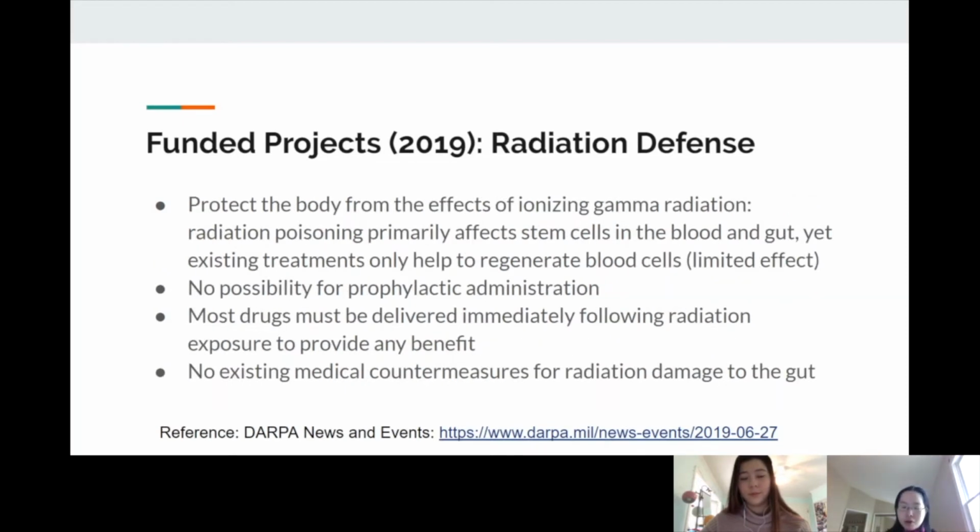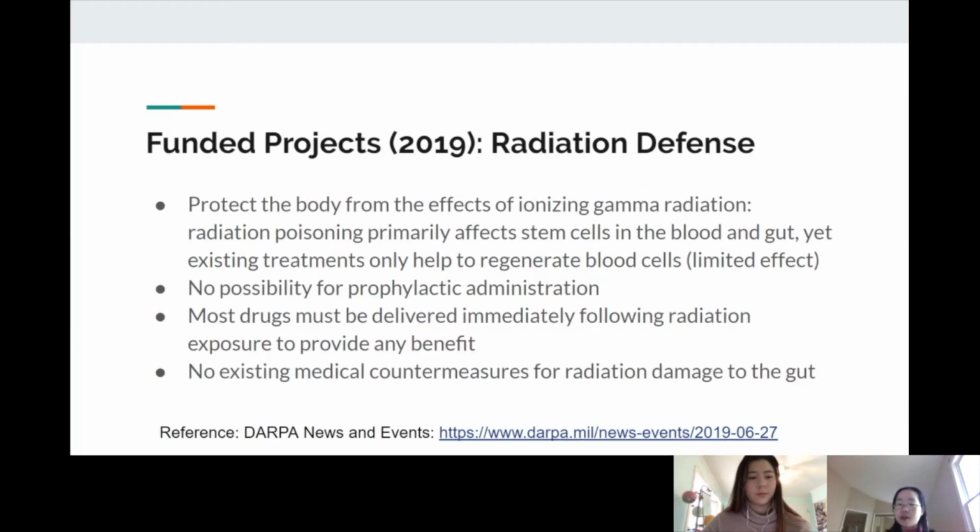The second portion of funded projects for the PREPARE program in 2019 is the radiation defense section. So this aims to protect the body from the effects of ionizing gamma radiation. Radiation poisoning primarily affects the stem cells in the blood and the gut.